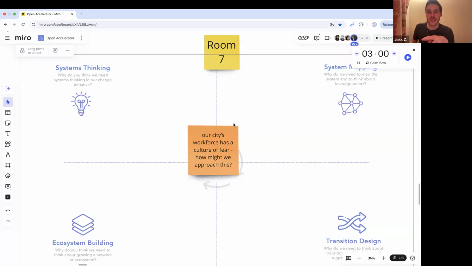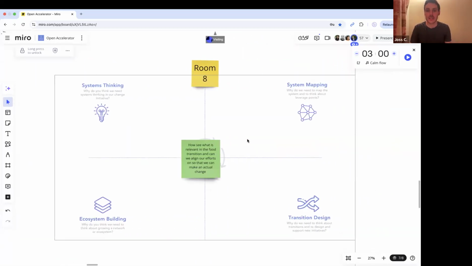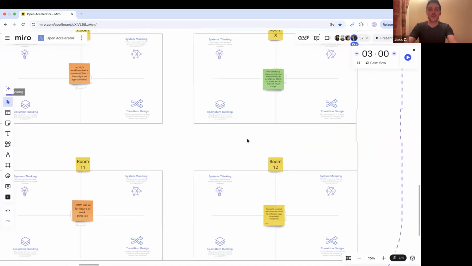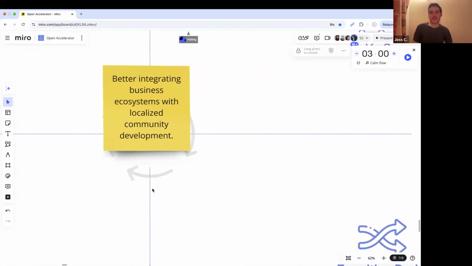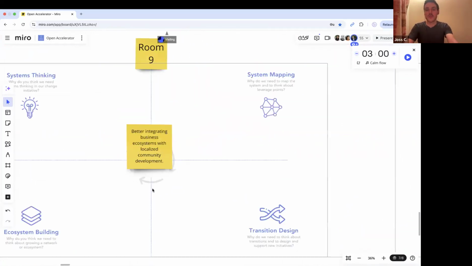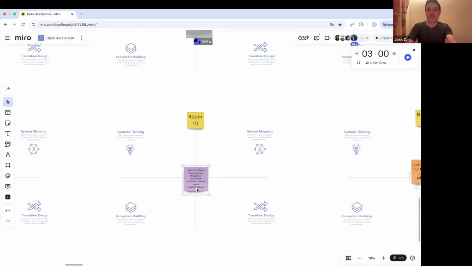We'll keep going here. Room 7, our city workforce has a culture of fear. How might we approach it? Room 8, see what is relevant in the food transition, and can we align our efforts so that we can make an actual change? Room 9 is down here: better integrating business ecosystems with local community development. Room 10, switch from linear flow. I think we need to change this one, Azure, because we had that one before.